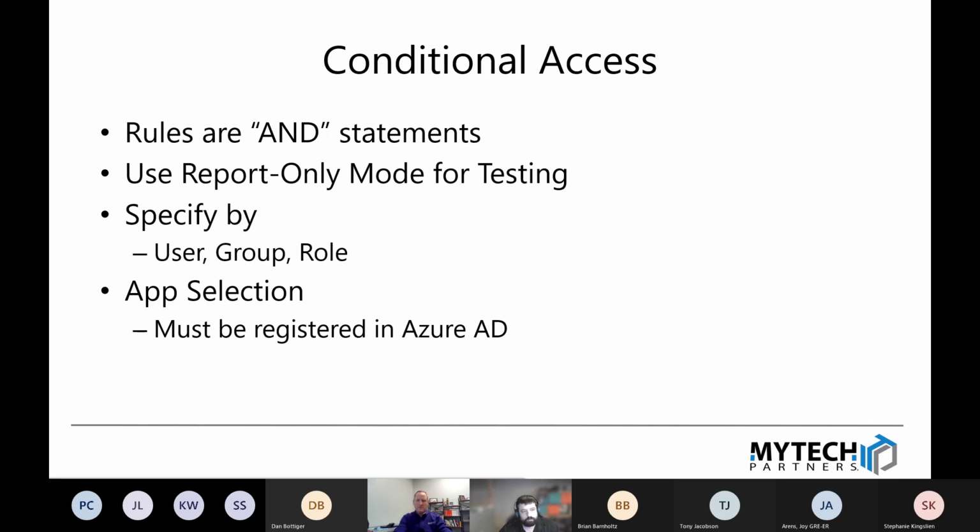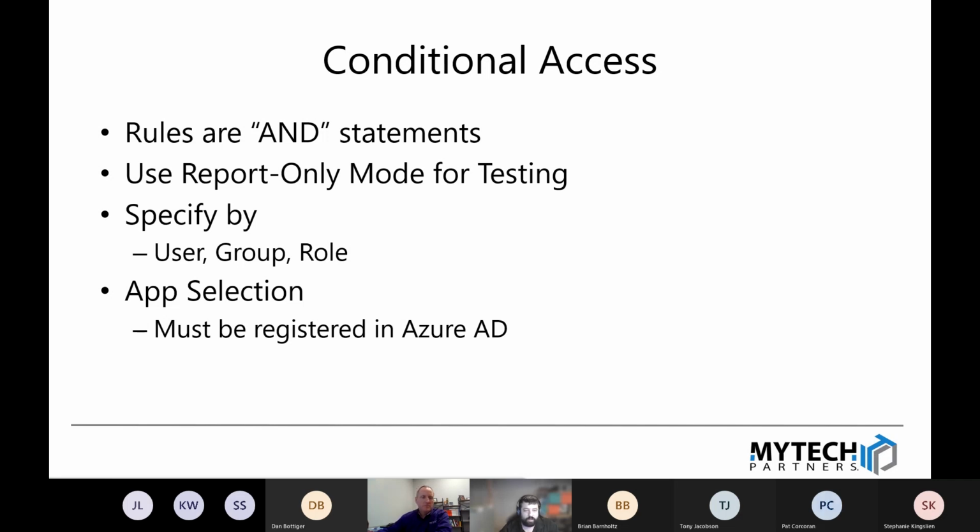And so this could be a rule saying if I'm logging in from within my office, I don't need MFA. If I'm logging in from outside of my office, I need MFA. Each of these rules, think of it as an and statement, right? It's not if this statement applies, use it and skip the rest. It's apply statement 1, then apply statement 2, then apply statement 3.